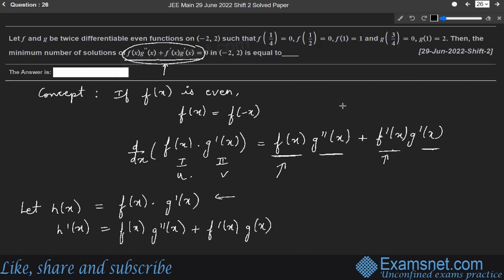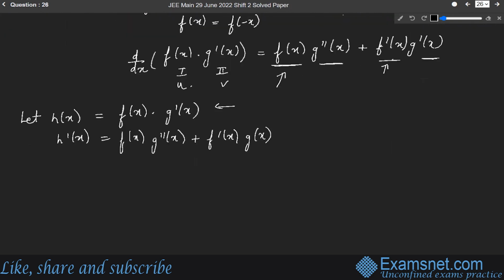Now, listen very carefully. It is given in the question that f and g are even functions. What is the concept for even functions? That if a function is even, then f of x is equal to f of minus x. So first, let us look at the values at which f of x is even. f of 1 by 4 and f of 1 by 2. It is given that f of x is even at what values?